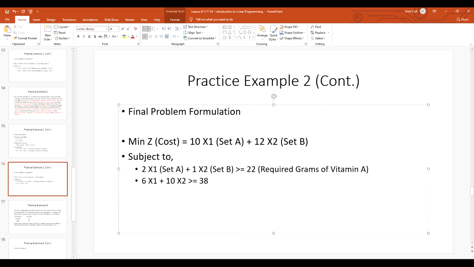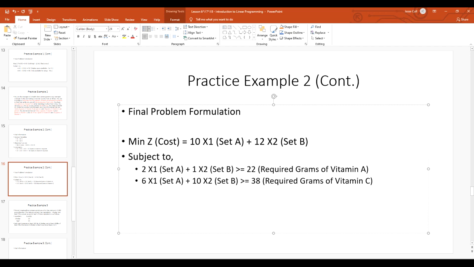X1 is set A. X2 is set B. And 38 is the required grams of vitamin C. So none of this information was necessary, but for comprehension, it should be helpful.